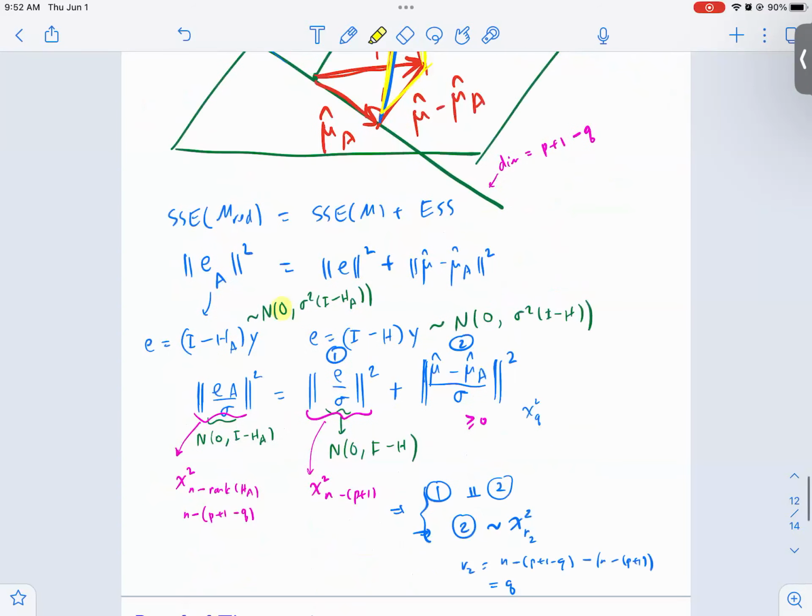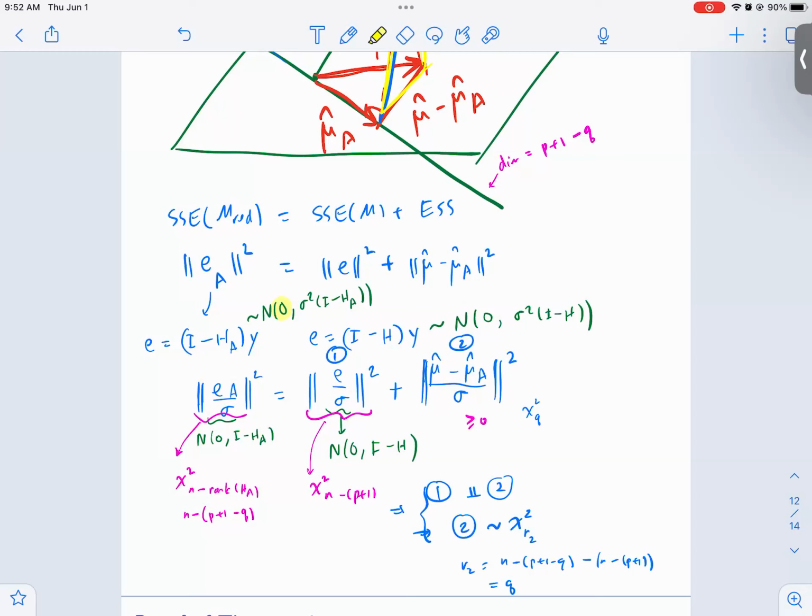So this will have a chi-squared distribution. The rank of the projection matrix we calculated last time is n minus the rank of H_A. The rank of H_A would be the dimension of the image of X_0, which is the dimension of the image of X minus the number of constraints that we add. So we have p plus 1 minus the number of constraints. That's the tricky part.